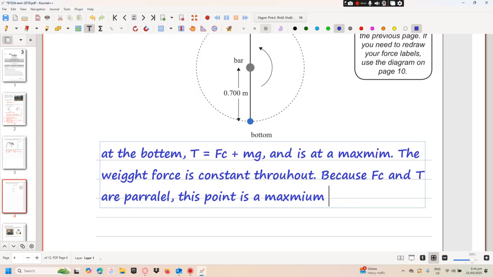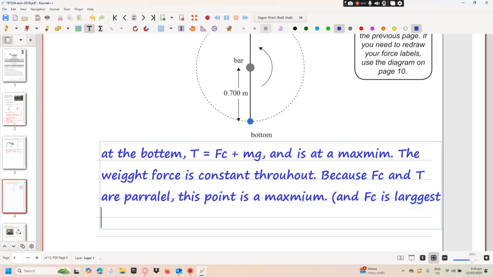Yeah, all good. And Fc is largest here because kinetic energy is largest, so potential energy is lowest.